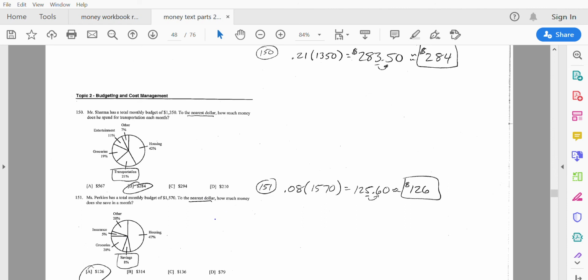We move this 2 decimal points. Any empty spot, we put in a 0, so 0.08 times the 1,750, we get $125.60. That rounds up to $126. Okay, and I believe that is the last problem for objective 34.